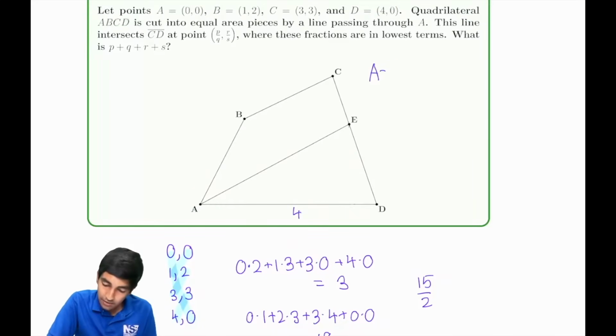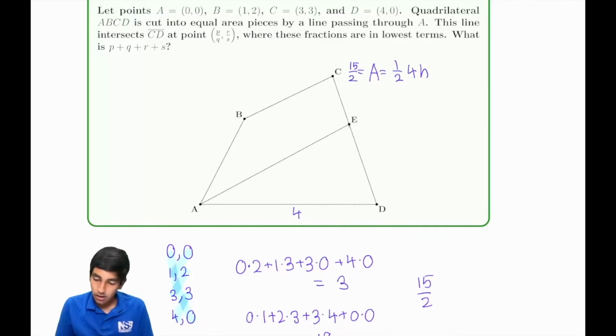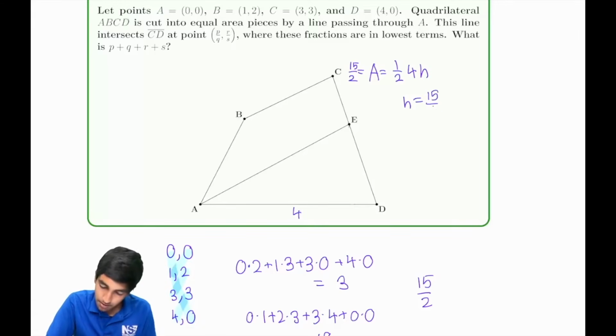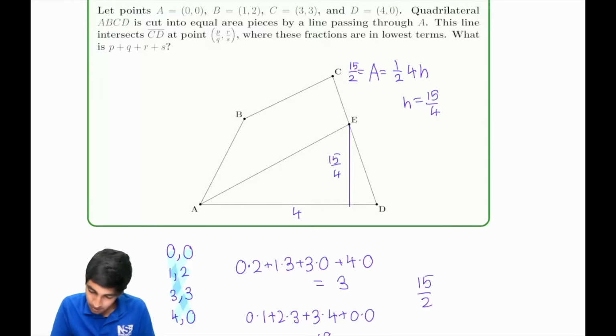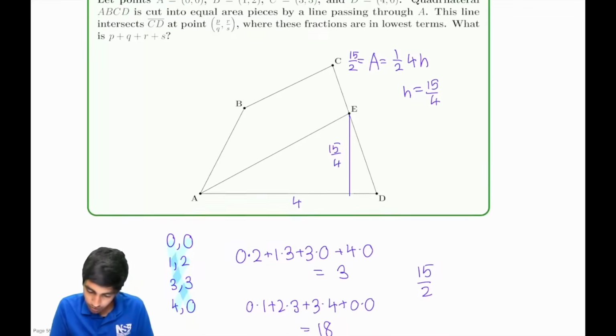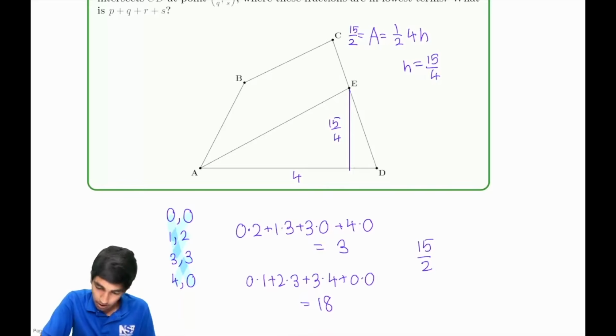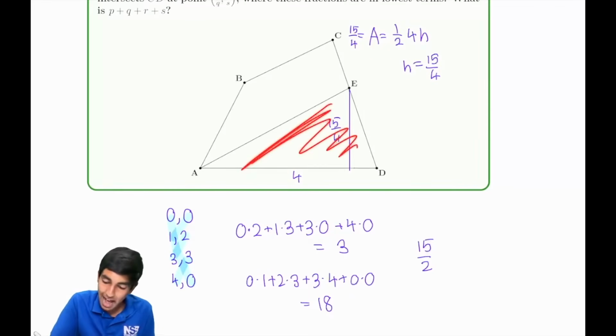And area is half times base times height. So half times base times height, this is equal to 15/2. Well, that means the height is just 15 over 4. This thingy, 15 over 4. But the area should be 15 over 4 because the area of the quadrilateral is 15 over 2, so the area of this triangle has to be half of that.